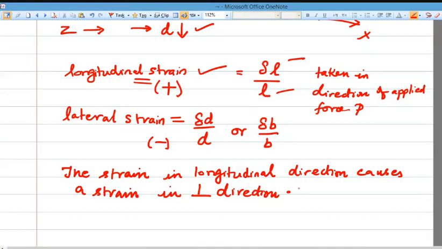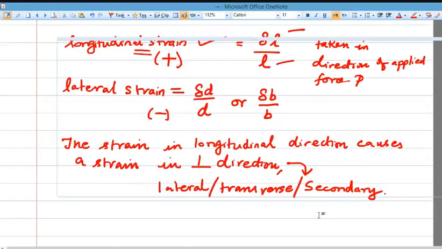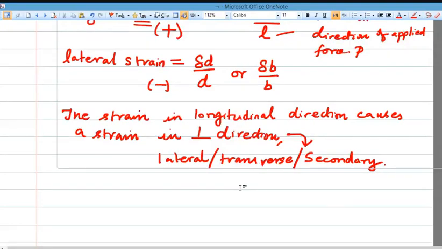So this strain is called as the lateral or secondary or transverse strain. I can say it by lateral, transverse or secondary strain. The strain in longitudinal direction causes a strain in perpendicular direction, which is known as lateral or transverse or secondary strain. So this is how lateral strain is defined.